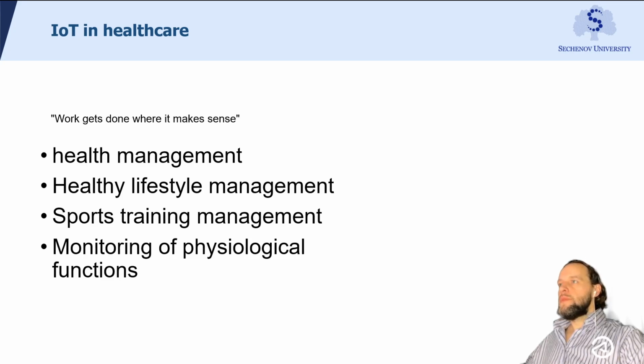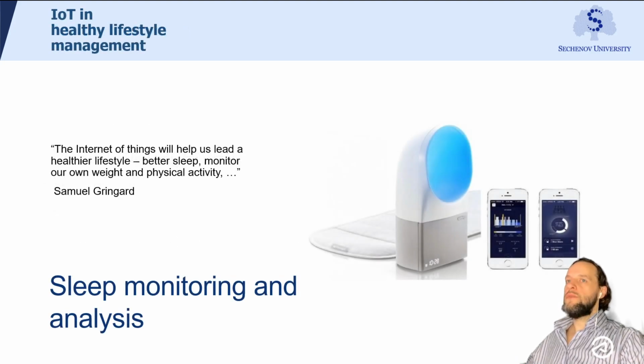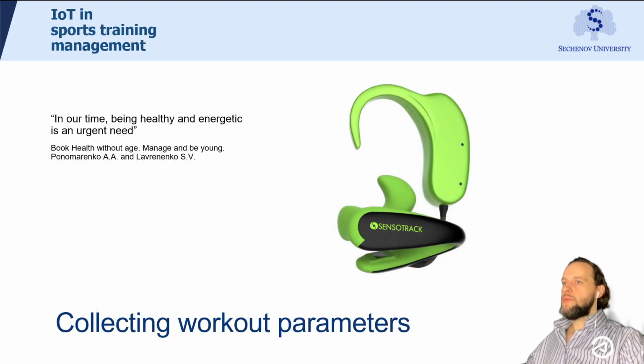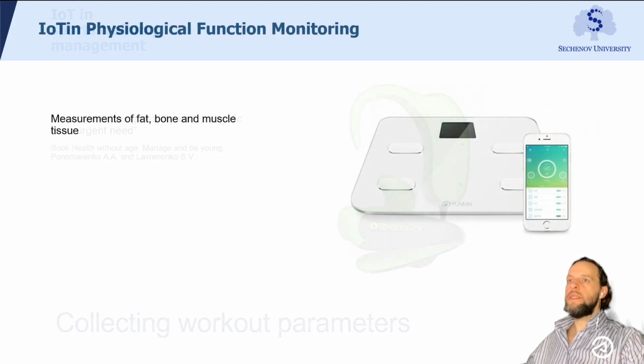Of course, we named a lot of implementations in health management, lifestyle improvements, in sports. There are a lot of implementations in monitoring of health condition. Another implementation will be related with sleep monitoring and analysis. And the next one is related with sports training measurement and adjusting how this training is being done.